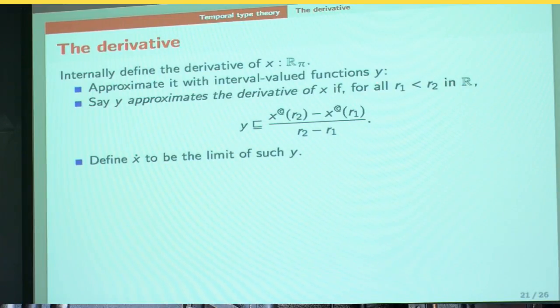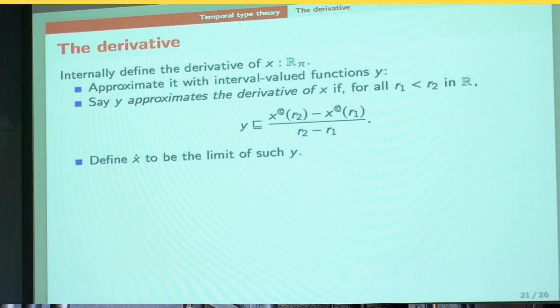We say that one interval-valued function of time y approximates the derivative of some continuous real-valued function x if, and this may look both familiar and weird, x at time r2 minus x at time r1, divided by r2 minus r1, is approximated by y. If for all r1, r2 that holds, then you would say that y approximates the derivative.